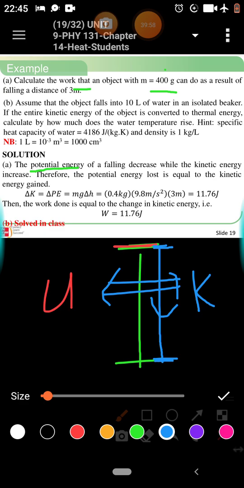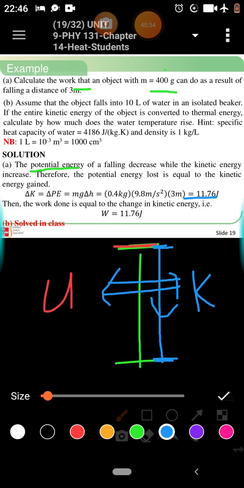So I hope you see that. It means that the change in kinetic energy is equal to the change in potential energy. Therefore it will be mg times the change in height, which is this. So this will be the change in kinetic energy. Then the work done is equal to the change.